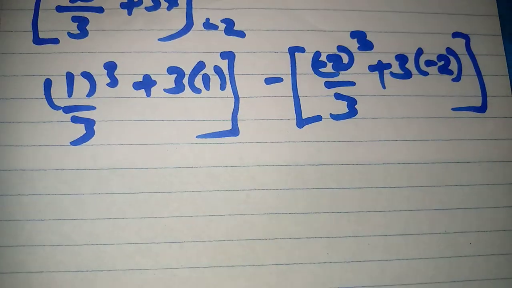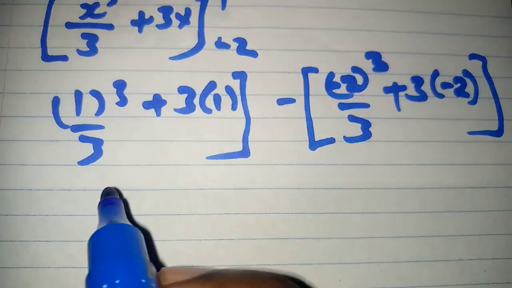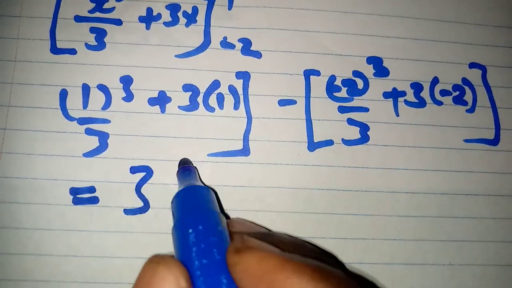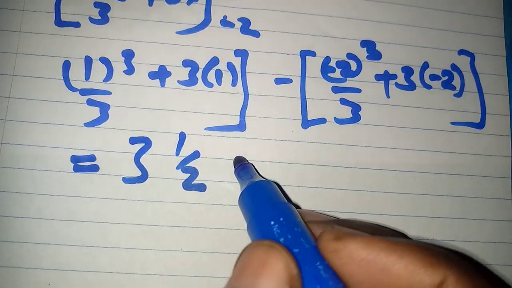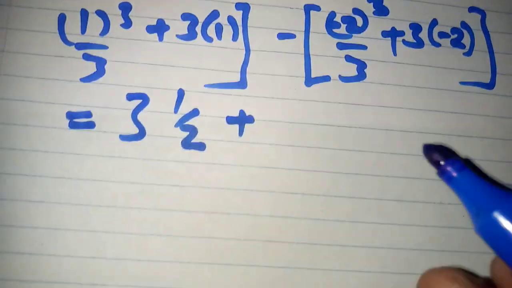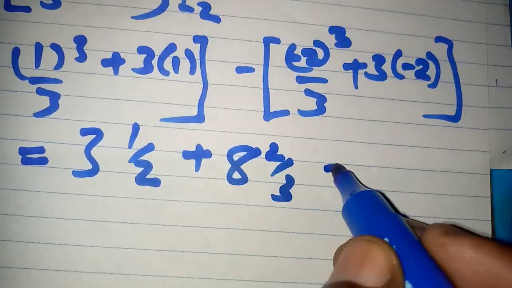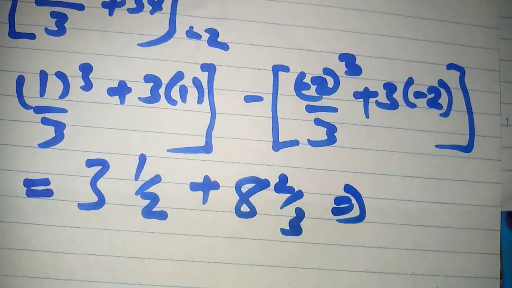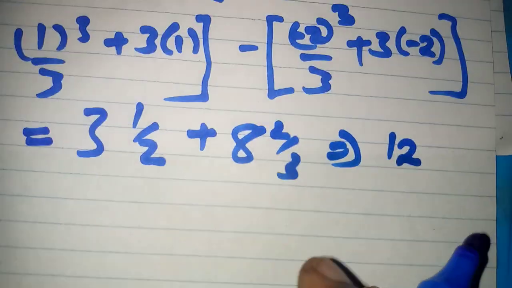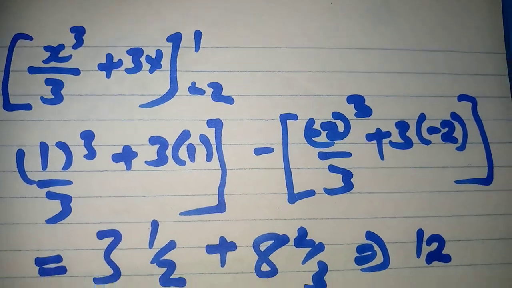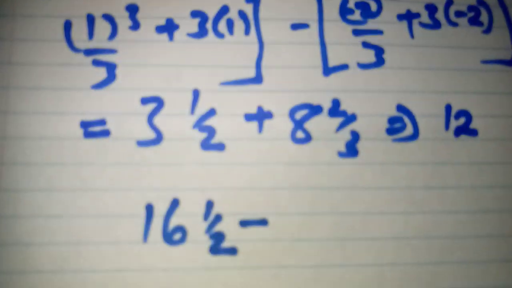Yes. So computing this one by substitution, I'm going to have this side as 3 1/3. Remember there's a negative, so it's going to be positive of 8 2/3, which of course gives me the answer as 12. But remember, I got 16.5 as the region bounded by the straight line.